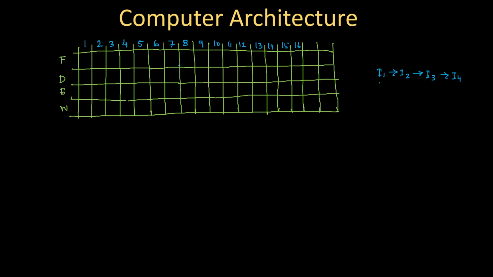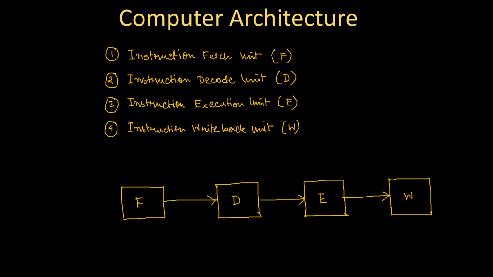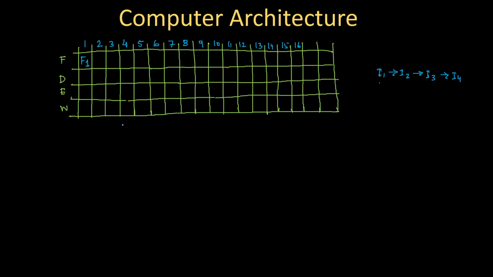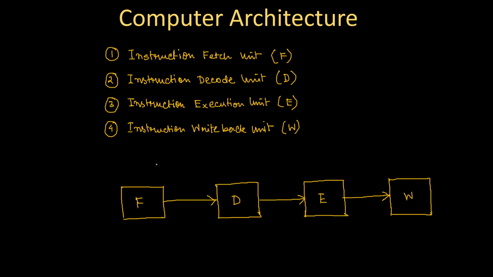Okay, so at the first clock cycle, fetch of the instruction 1 will work, and how do we represent this? We represent by F1. It means that's fetch of instruction 1. Okay. Then after this, what will happen? After completion of the fetch, if I assume for time being each and every stage takes 1 clock cycle to complete its job, then after fetching the instruction 1, the instruction 1 will be decoded.